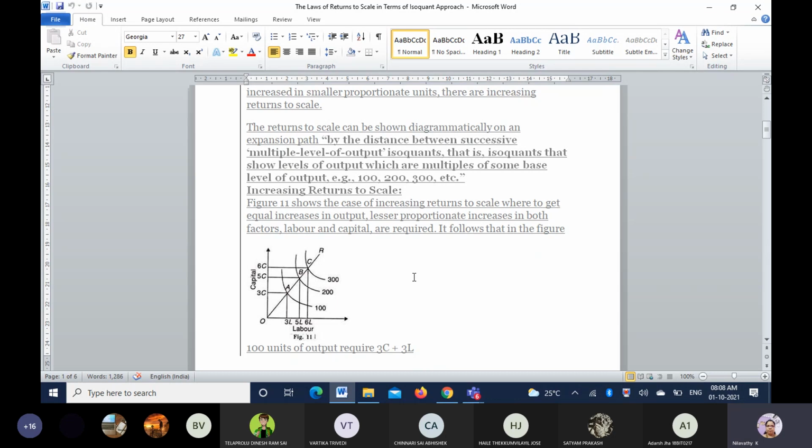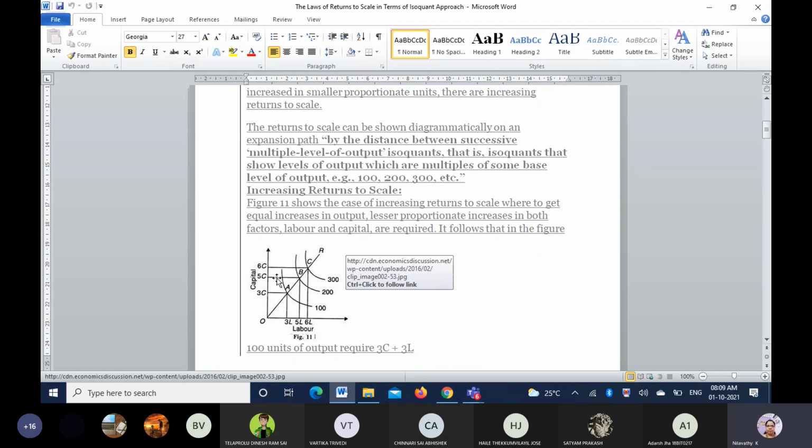Normally I used to say, from the factor input itself, you can say whether it is a traditional theory or a modern theory. So this explains that the very first 100 units of output are produced with a combination of 3 units of capital and 3 units of labor.